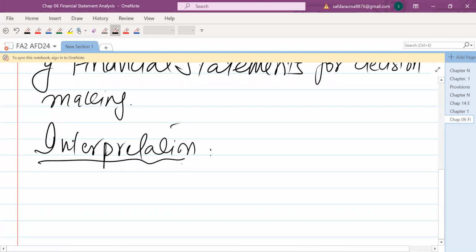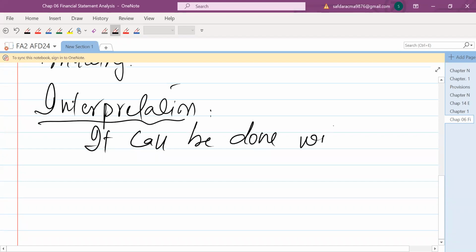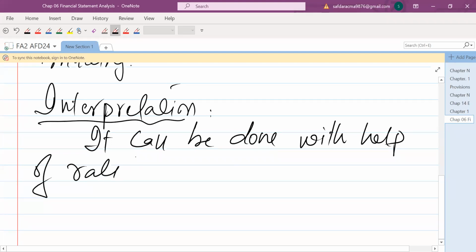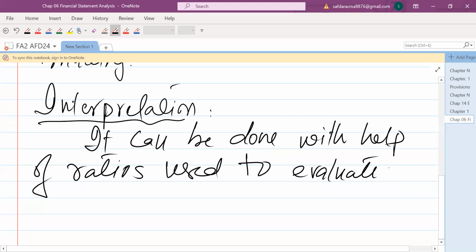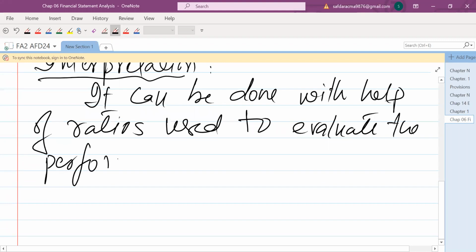Interpretation can be done with the help of ratios used to evaluate the performance of an organization.